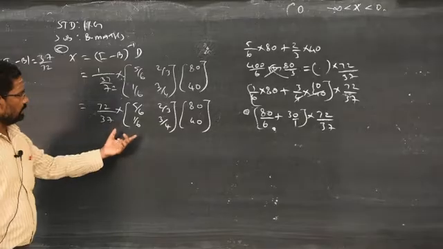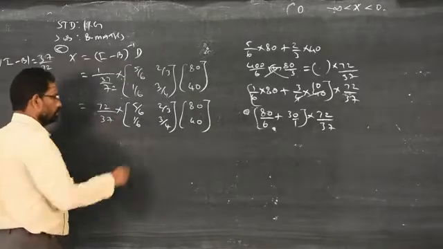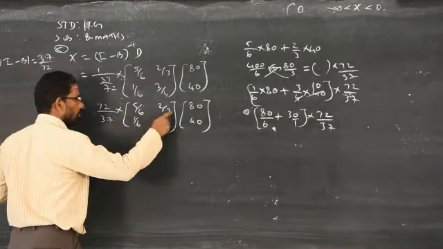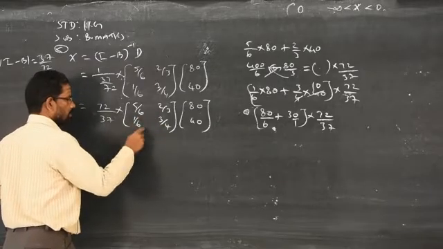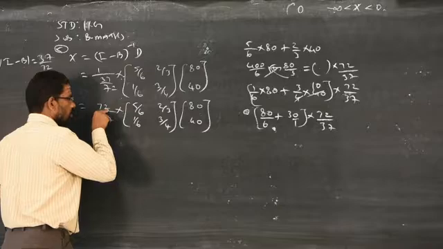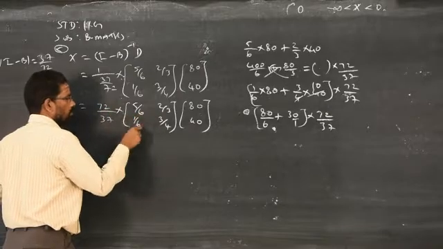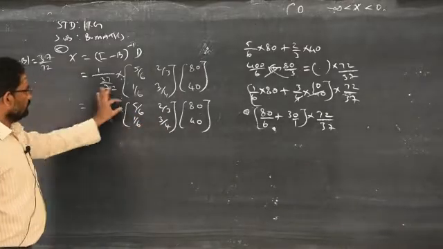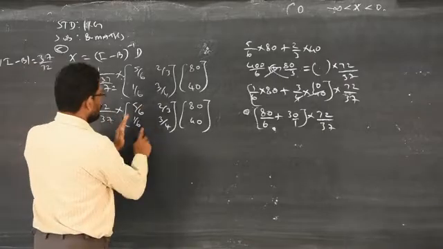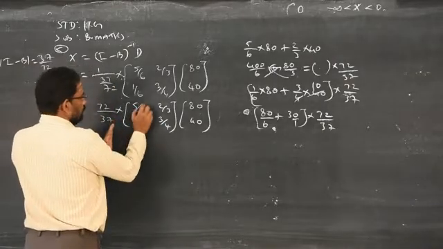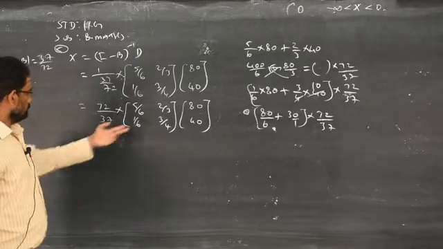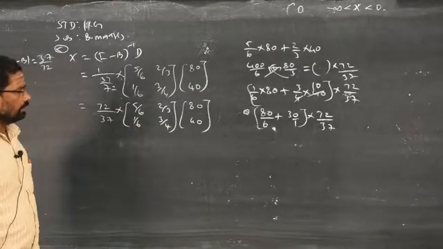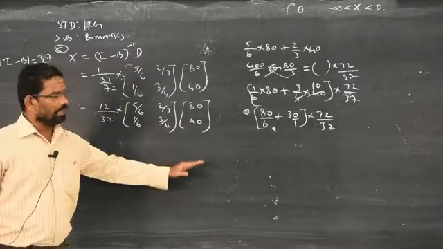Another method, as I told you just now: you check all the denominators of these elements. When all the denominators are divisible, that is, 72 is divisible by 6, 3, 6, 4, then you take 72 inside to eliminate the denominators. Once the denominators are cancelled by 72, it will be very easy for you to do the multiplications.